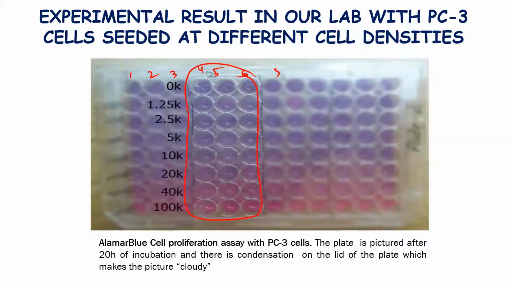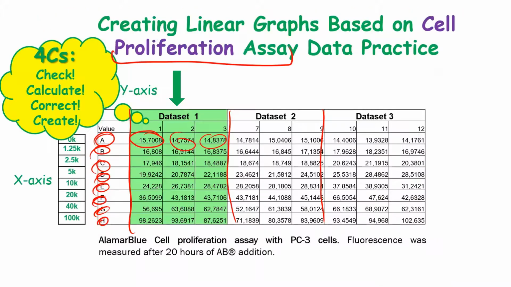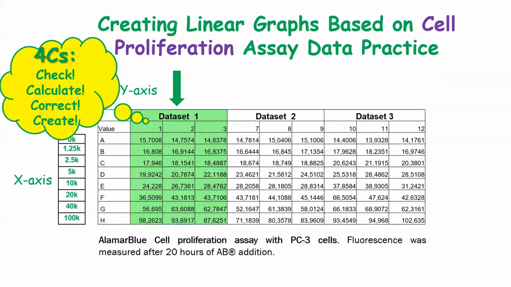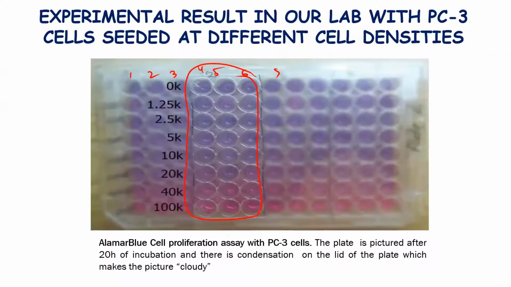I need to watch the video first, but you are going to do your calculations on datasets 1, 2, and 3, which are occupying columns 1 to 3, and then 7 to 12, okay? So these are three data sets that you are going to use in your lab book.